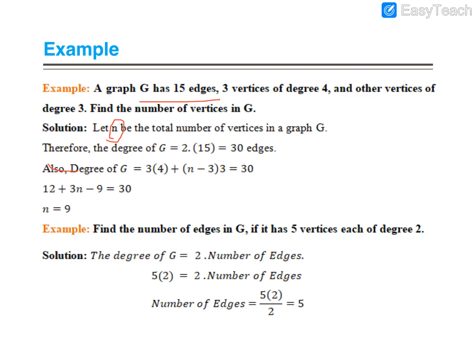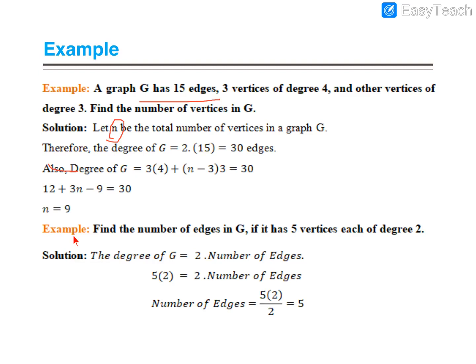So n minus 3 vertices are of degree 3. Therefore (n minus 3) into 3 plus 12 is equal to twice the number of edges, which is 30. So after simplification, we get that n is equal to 9. Therefore there are 9 vertices in the given graph G.